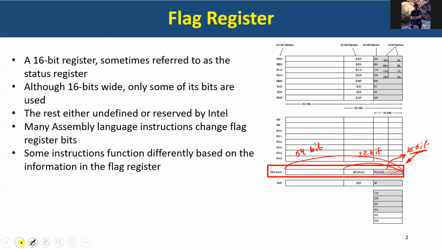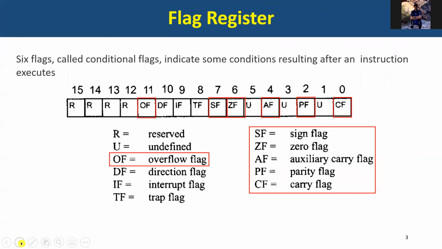So let's see what this flag register is from inside. These are the 16 bits, from bit 0 until bit 15. The bits that we usually use when we do arithmetic or logic operations are those marked in this screen, which are the sign flag, SF, the zero flag, the auxiliary carry flag, the parity flag, the carry flag, and the overflow flag.